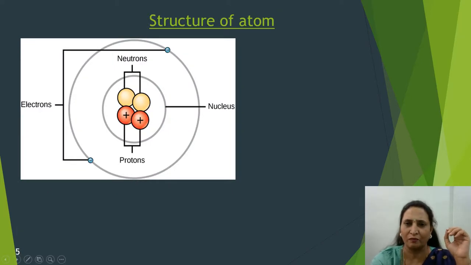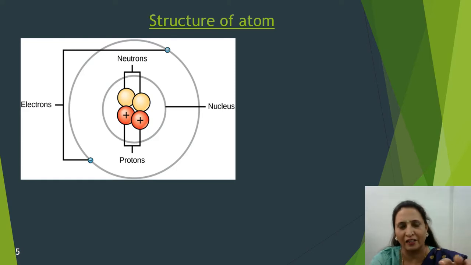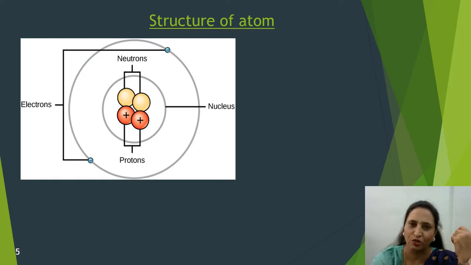Now this diagram gives you a clear-cut idea about the structure of the atom. If you look at the central part, there are orange color balls which contain positive charge, that is protons. Yellow color balls are electrically neutral, that is neutrons.